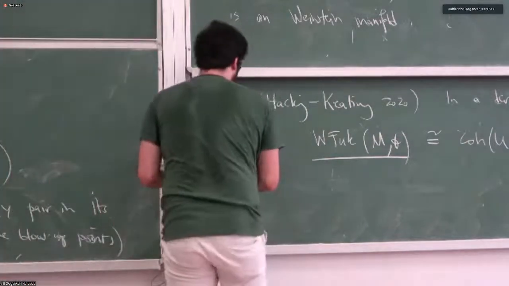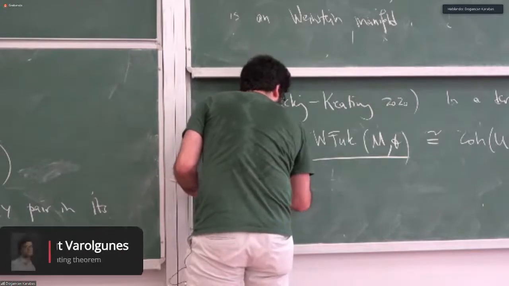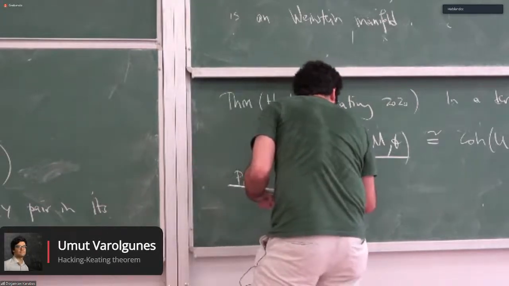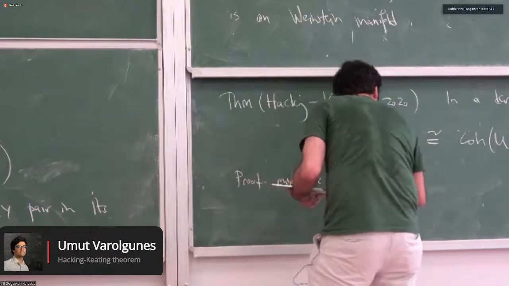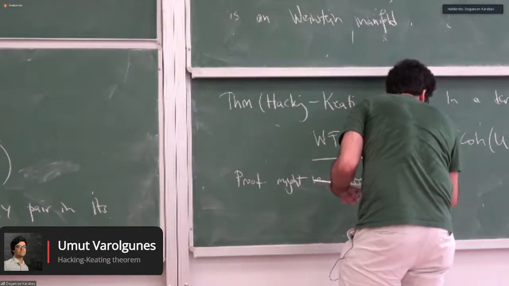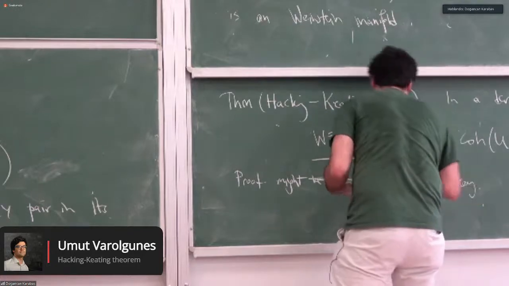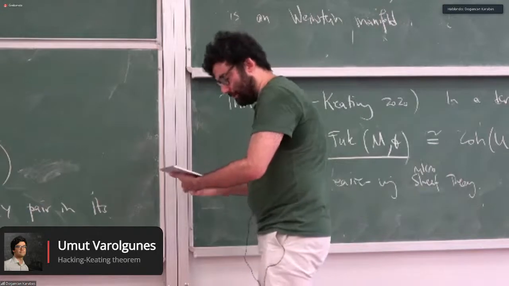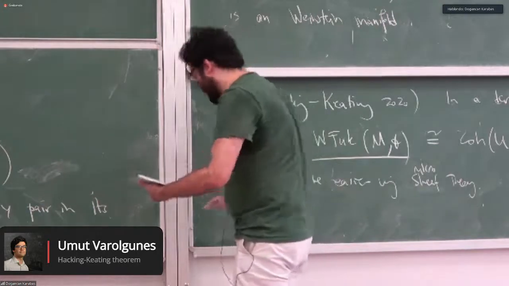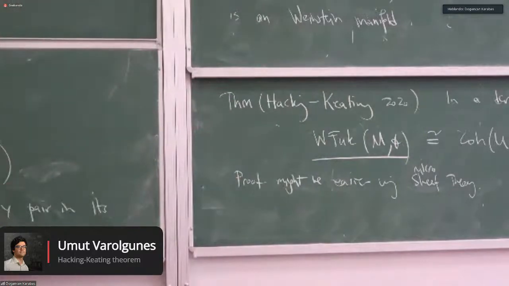So the proof might be easier using sheaf theory, microsheaf theory. Okay. So now I want to end by telling you a little bit about the history of this theorem from my point of view, so how this theorem came about.